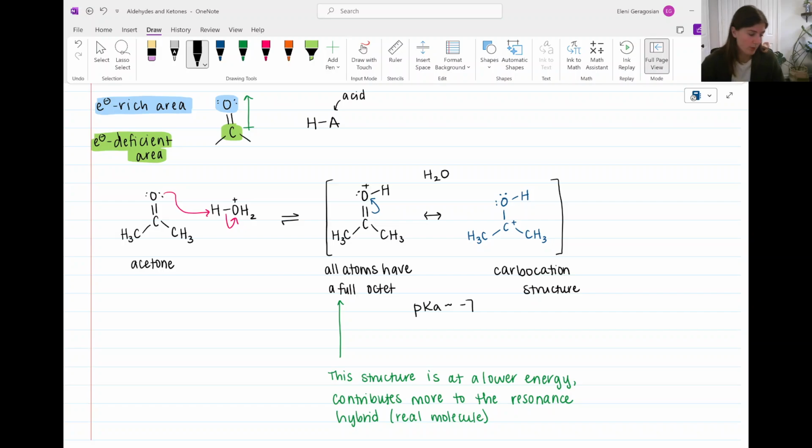So this is a pretty strong acid. So that tells us that aldehydes and ketones are weak bases. Or let's say weakly basic.